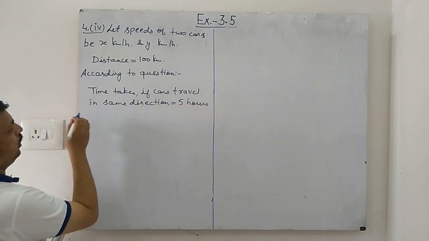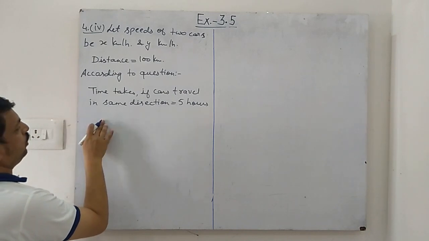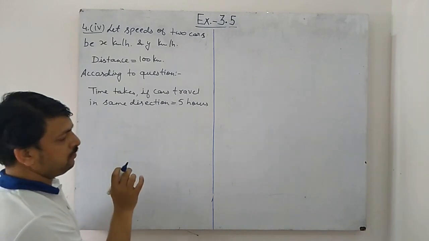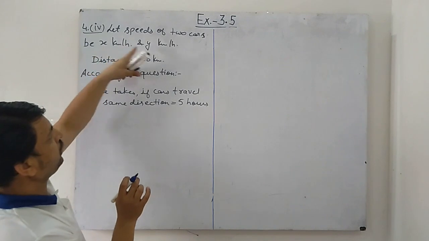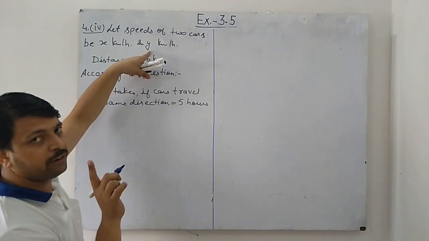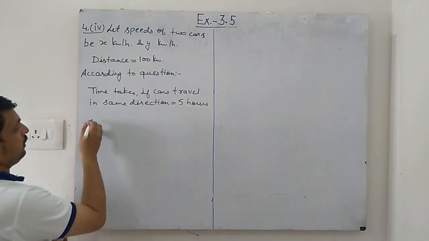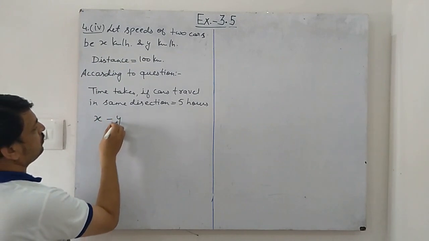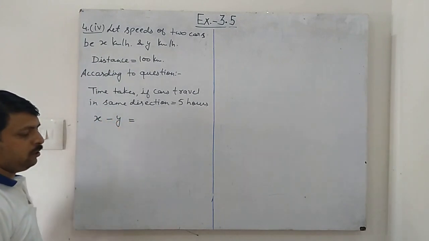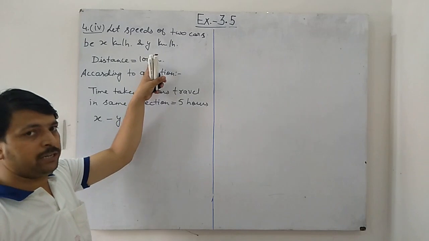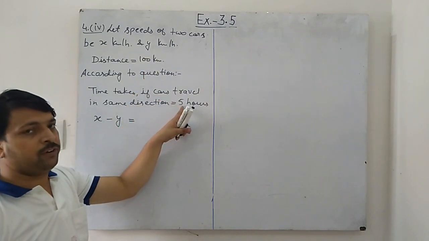Now what will be the relative speed? x km per hour and y km per hour, they are traveling in same direction, so relative speed will be x minus y. Now the distance was 100 km and they meet in 5 hours.